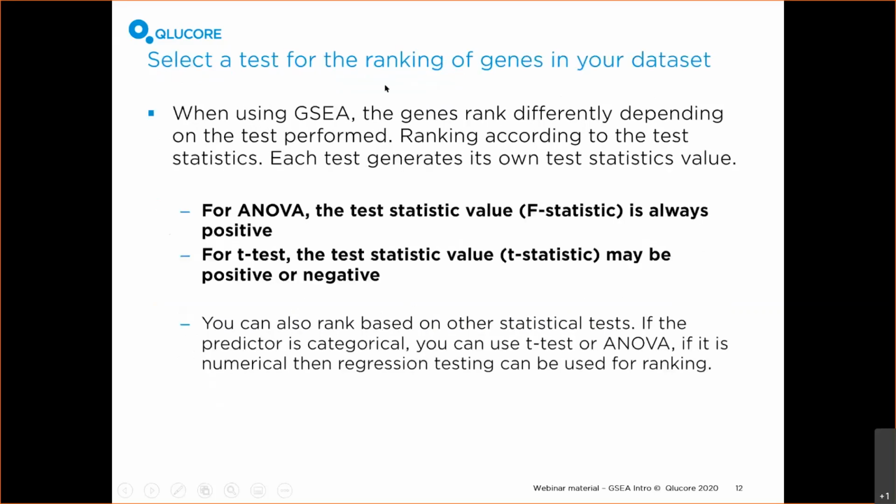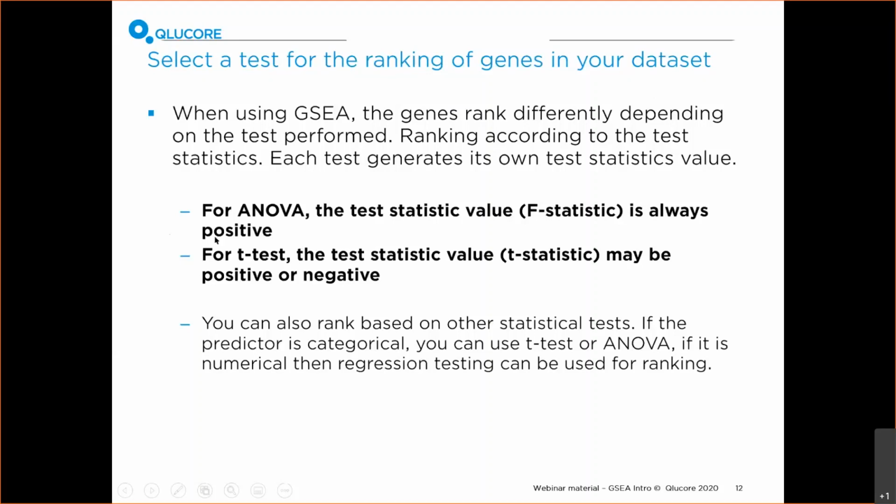And then you need to select which test that you want to use to rank the genes in your data set. And in GSEA, the genes rank differently depending on which test that you use. And we rank according to the test statistics. And for ANOVA or F-statistics, or multi-group comparison, as we call it in Qlucore, the test statistic value is always positive.